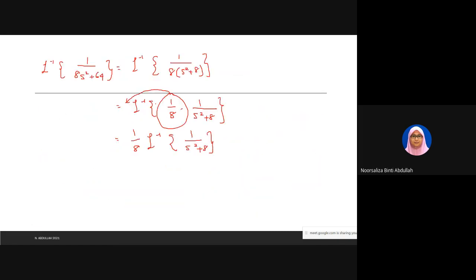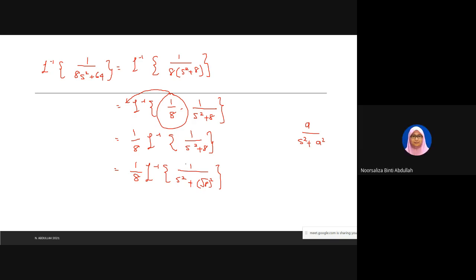So we modify again this equation 1 over 8 inverse. This one should be A over S square plus A square. So 1 over S square plus, here you have 8. Then it should be 8 kuasa 2. Right? Betul?